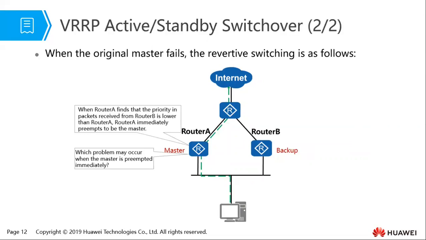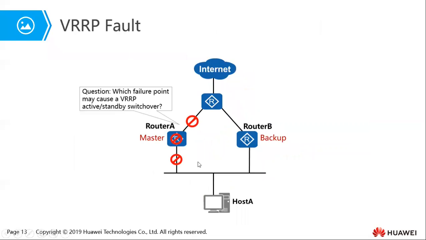The problem, for example, is the convergence time of other routing protocols. If you switch immediately, then you might have data loss because other protocols might not have converged in order to forward traffic via router A.